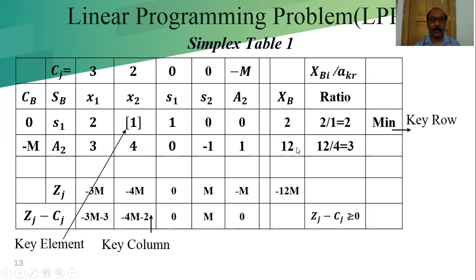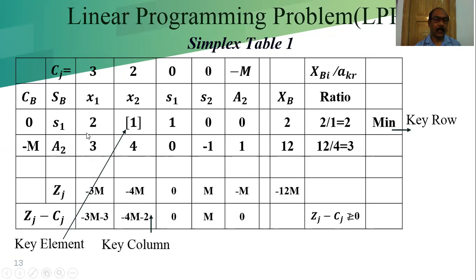We have to calculate what would be the new value of the 12. 12 minus: the corresponding element of 12 in the key column is 4 and in the key row is 2. So 4 into 2 divided by 1, that means 8. So 12 minus 8 becomes 4.